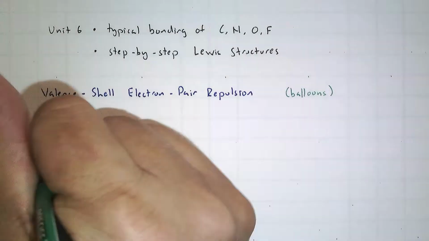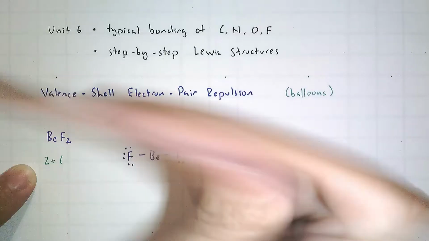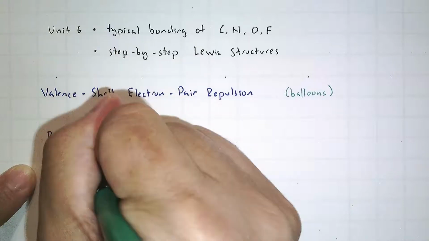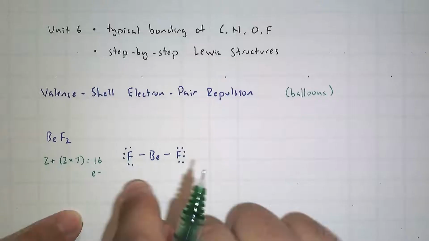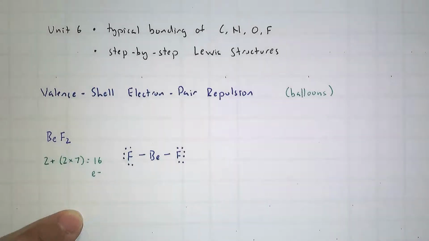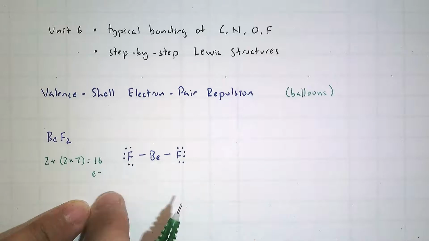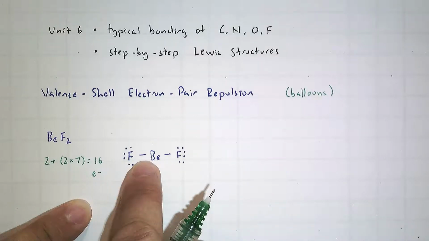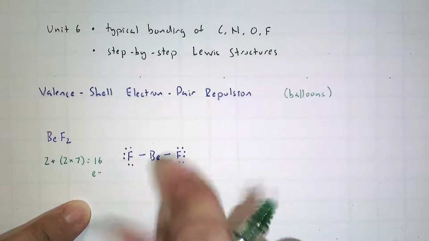Beryllium has a valence of 2, and fluorine has a valence of 7, but we have 2 of them. So 2 times 7, that equals 14, plus 2 is 16 valence electrons total. With a Lewis structure, you're required to show all the valence electrons as dots, or lines as bonds. 2, 4, 6, 8, 10, 12, 14, 16.